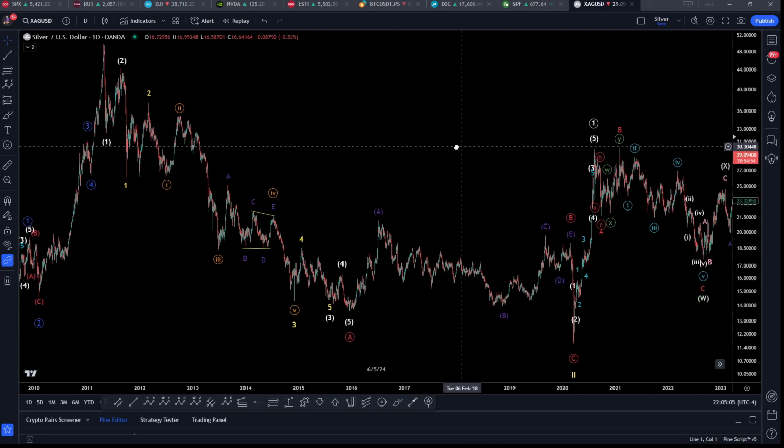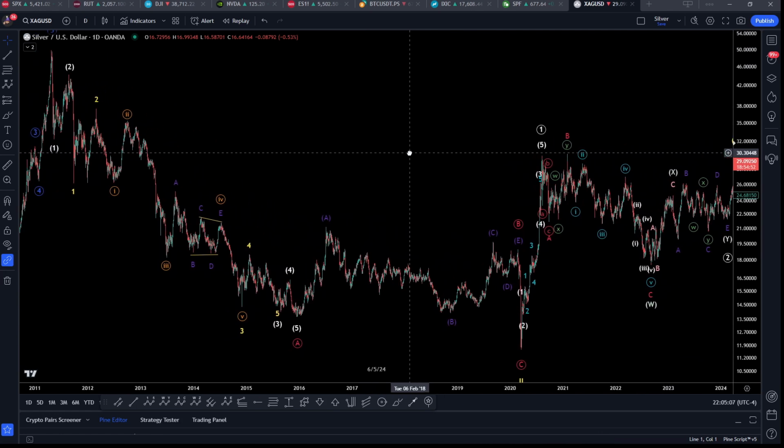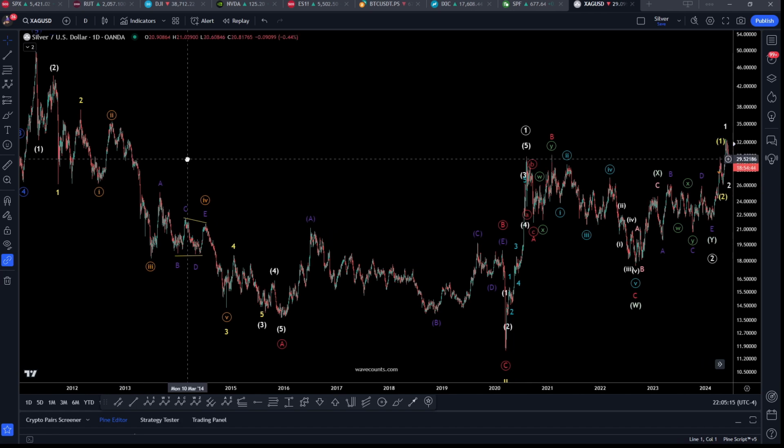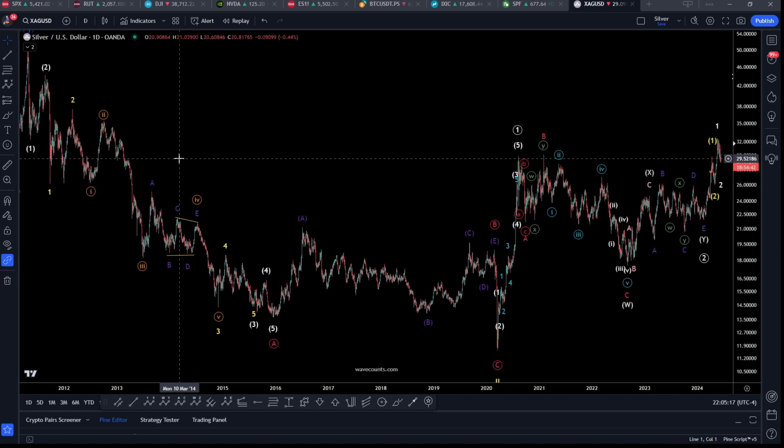Okay. I mean, if we look since essentially 2013, okay, so for a decade and a little bit of change, silver's been pretty boring.